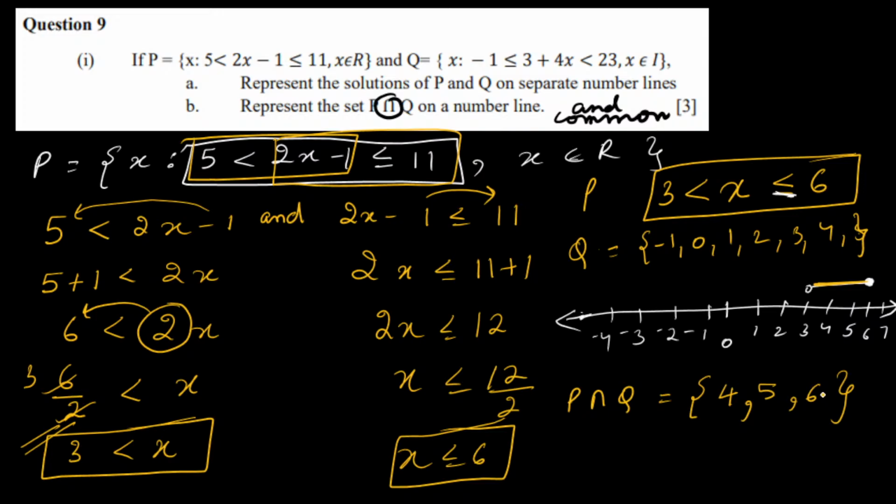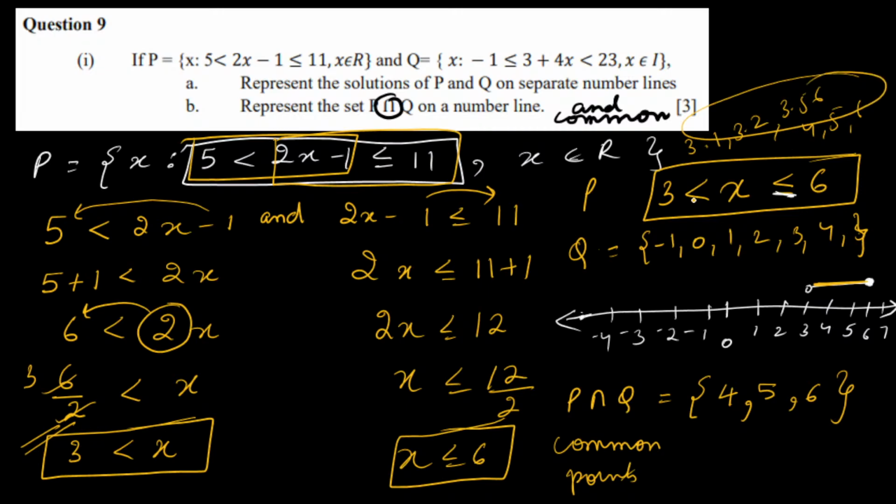The points which are coming in P as well as Q are the common points. See, set P has all the points starting from 3 till 6. It will have 3.1 also, 3.2 also, 3.56 also, 4, 5, 6 also.